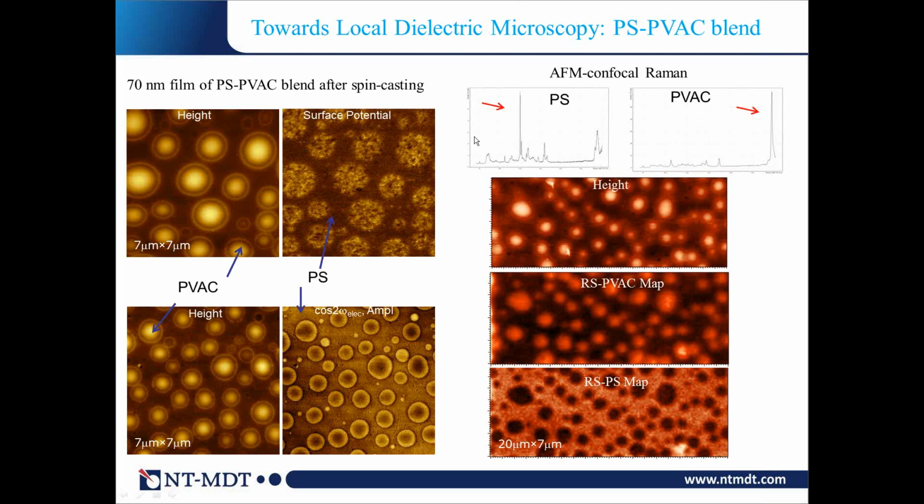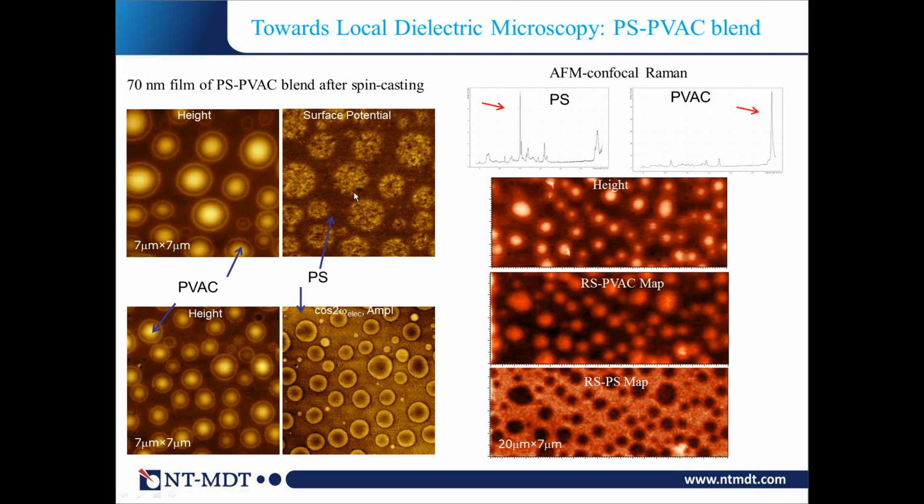We learned that this material has very distinctive scattering bands in different regions. We use that for mapping. This is the height, the same kind of morphology you see here, but here are the maps in the individual bands related to the components, and we see that indeed these domains are completely spherical domains enriched in PVAC, and the matrix is polystyrene.